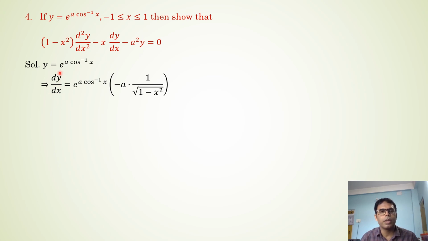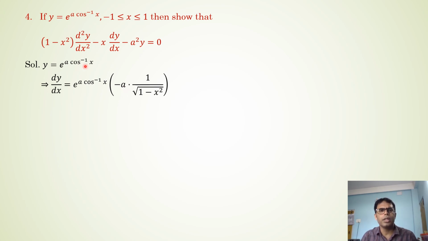dy dx is equal to the differentiation of e to the power function, which is the same function, you know this, and then a is a constant number, so this is the power part differentiation, so a is constant, and cos inverse x differentiation is minus 1 by root over 1 minus x square, and that minus is taken here. So it is very simple actually.